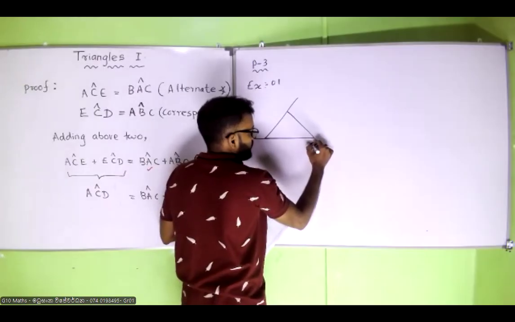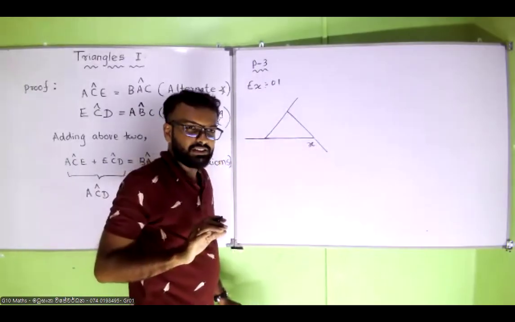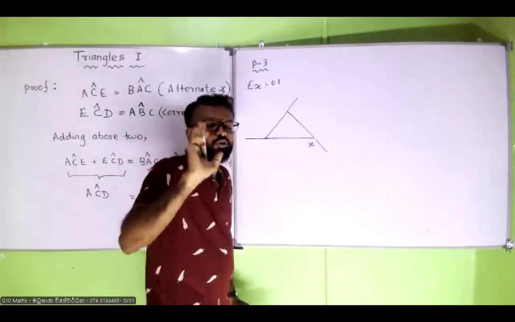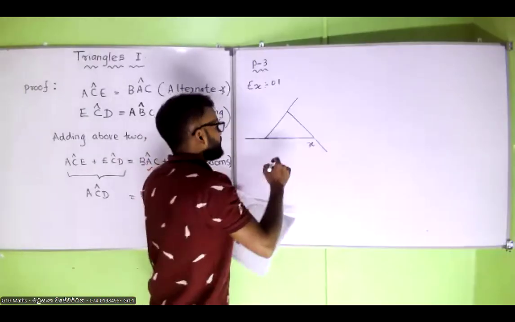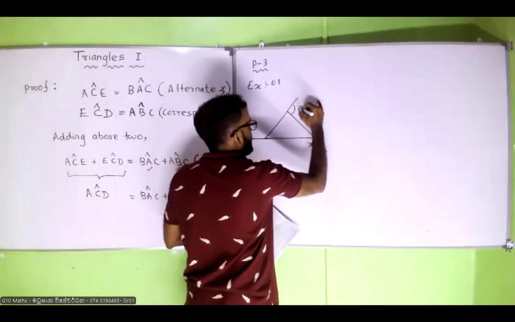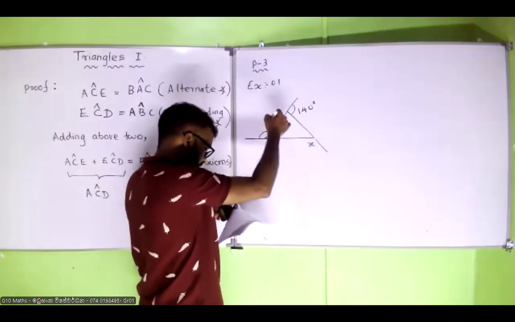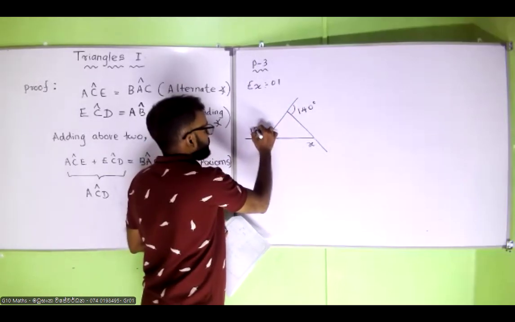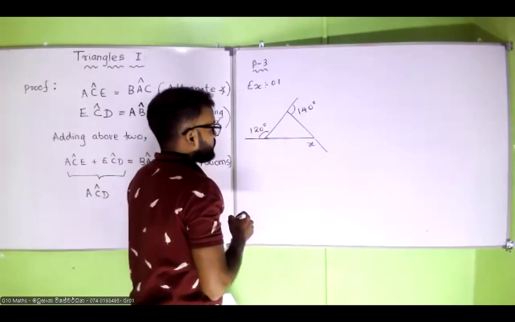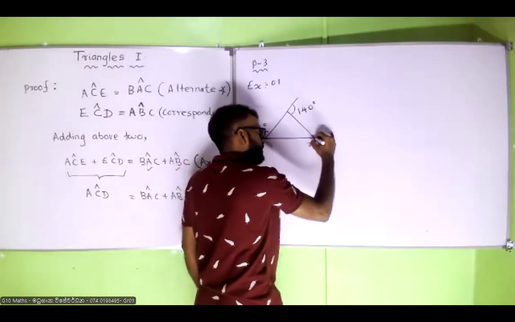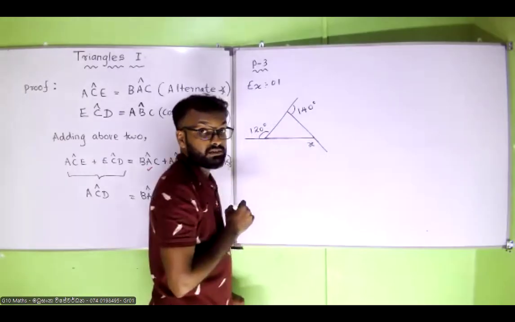This angle is x. Some of you know already how to do this. If you know, you can do it, doesn't matter, but I will explain. This is 140 and this exterior angle is 120. Right? So they are asking us to find x.